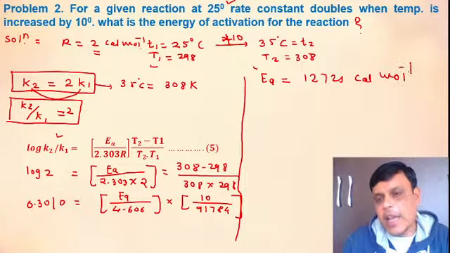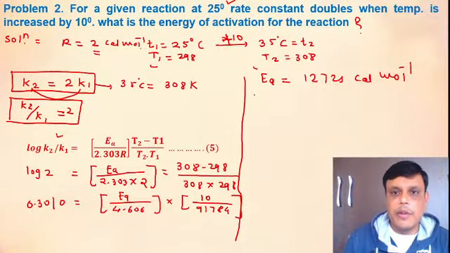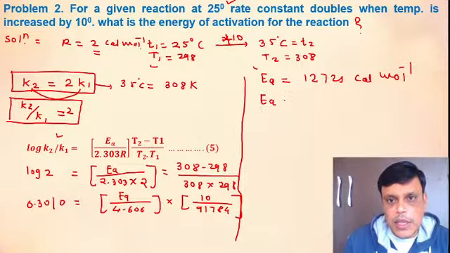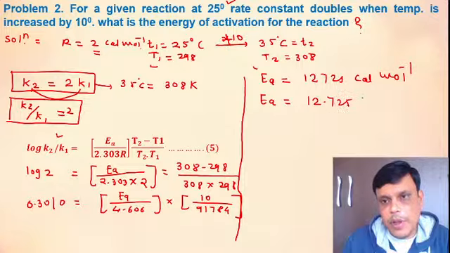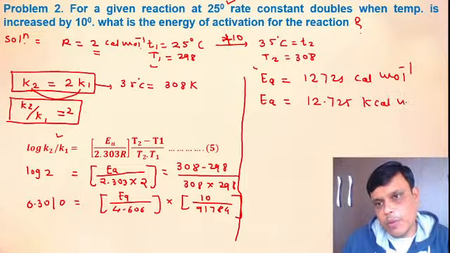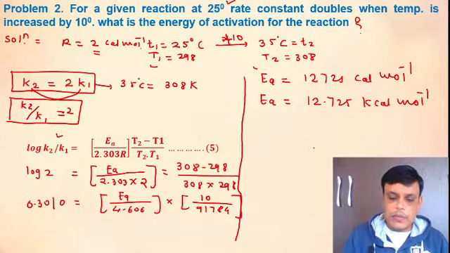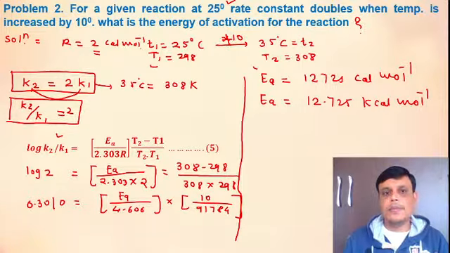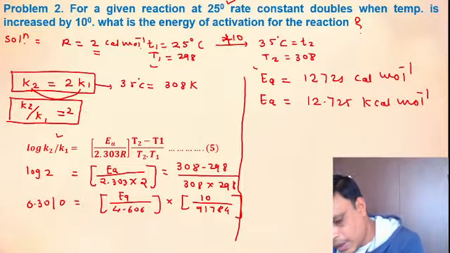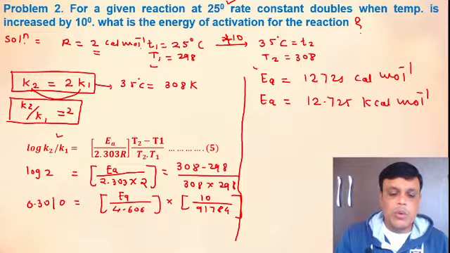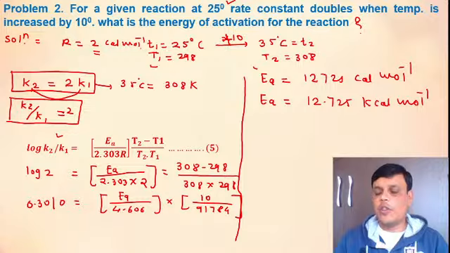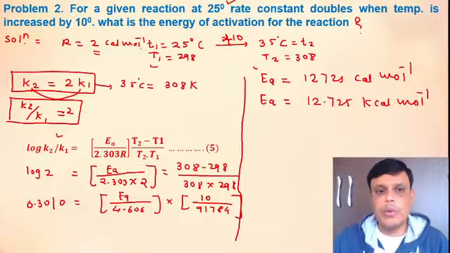And if you want to write EA in terms of kilocalorie, then it is 12.725 kilocalorie per mole. Okay, understood how to solve this? How to calculate the energy of activation?